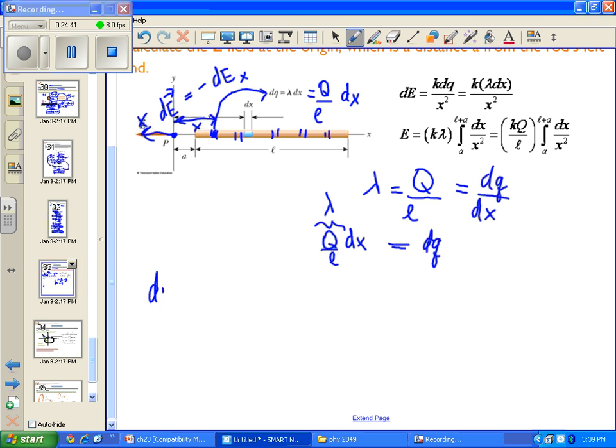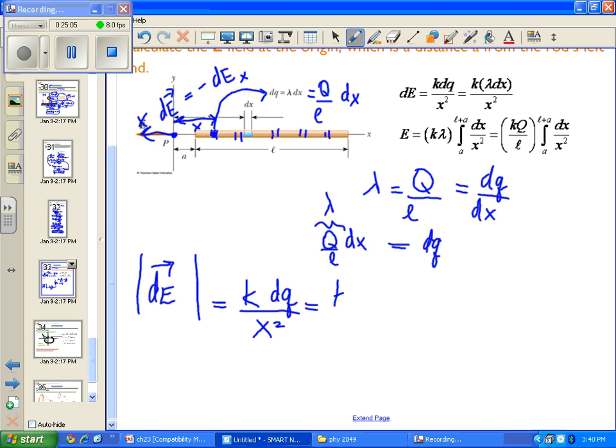We next proceed to write the form of dE in terms of the magnitude, just like we've done all along. K, this time dq, not q, but dq, divided by x squared. Why? Because my little dq here is at a distance x from the origin.